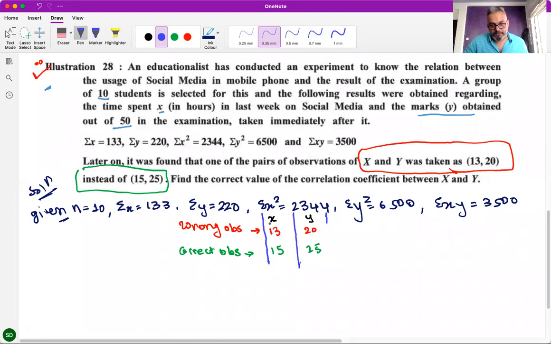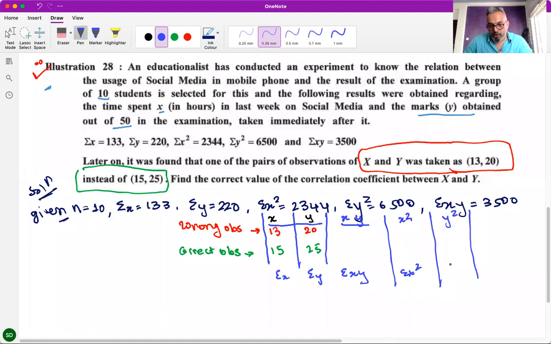Now you can see that because there were wrong x, wrong y, because of that sigma x became wrong. So your sigma x got wrong, your sigma y got wrong, then x into y. So we got wrong sigma x into y, we got wrong sigma x square, and we got wrong sigma y square.